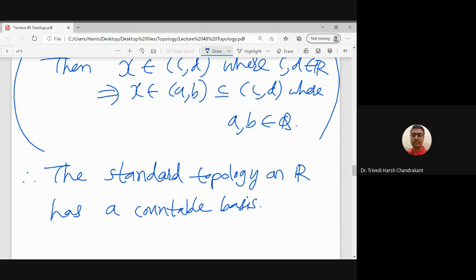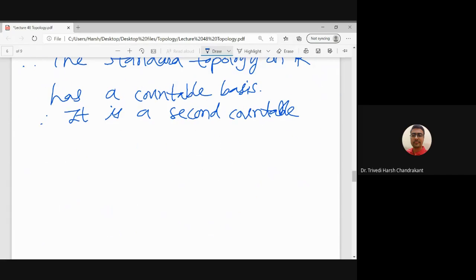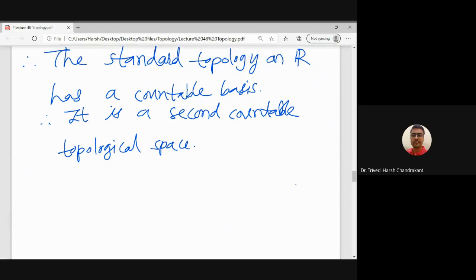Since it has a countable basis, it is a second countable topological space. Once the topology has a countable basis, that space itself is called second countable.